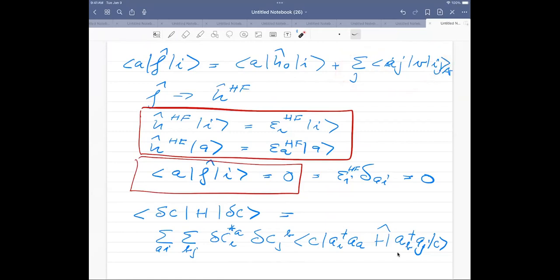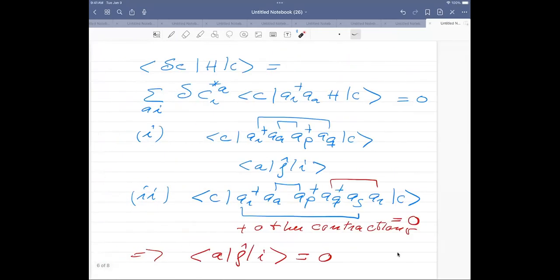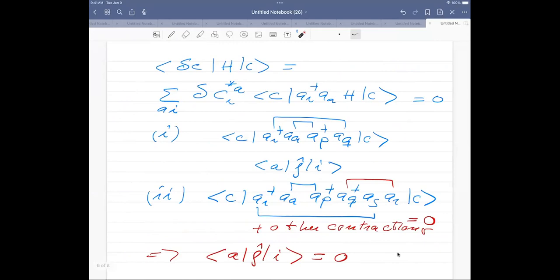So the whole operator contains now the one body part which I had before, and then this piece which comes from the two body part, because this acts like a one body operator. So we have a modified one body operator, and that modified one body operator comes from you rewriting the Hamiltonian in normal ordered form with respect to a new vacuum.